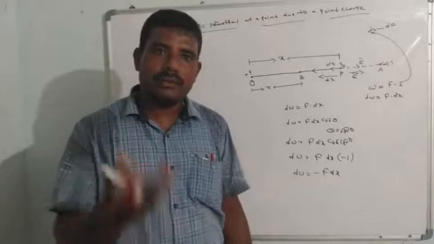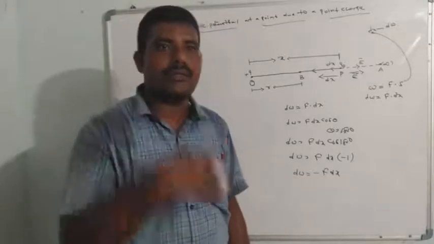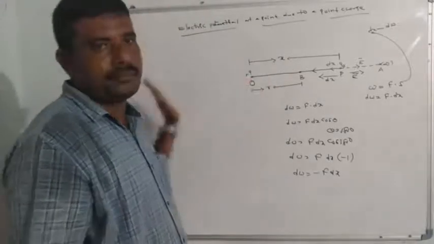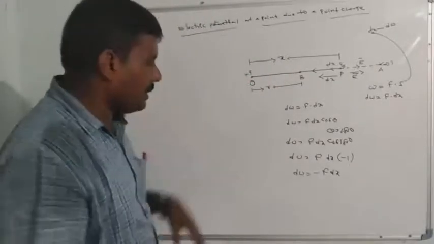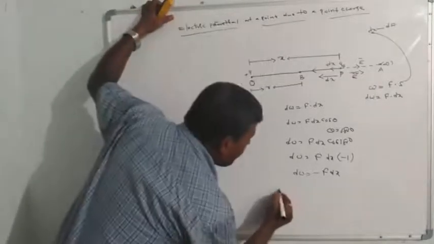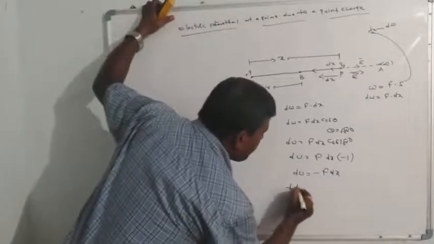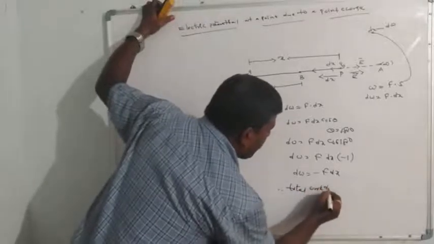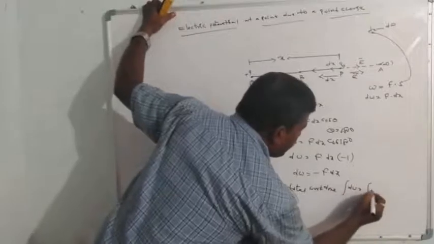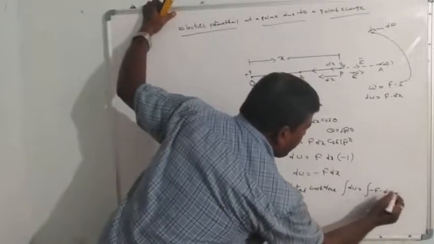But we want to calculate the total work for the total displacement. Therefore, total work done is the integral of dw, which is the integral of F dx.